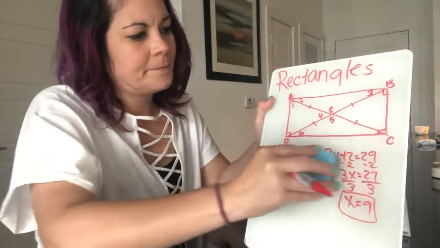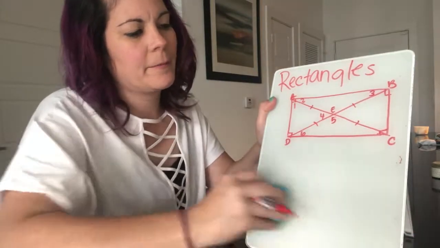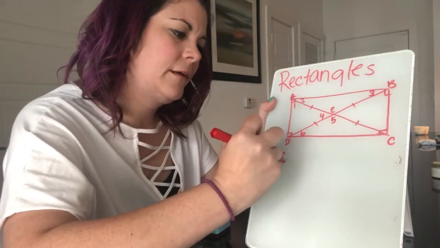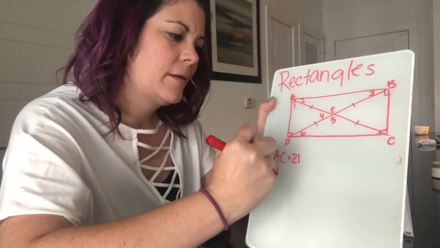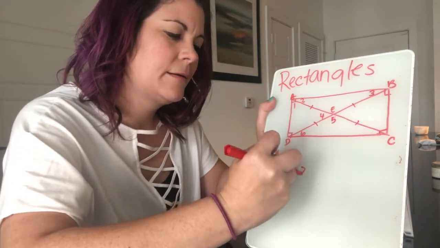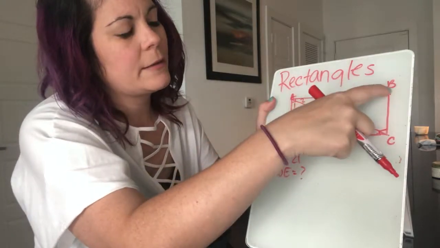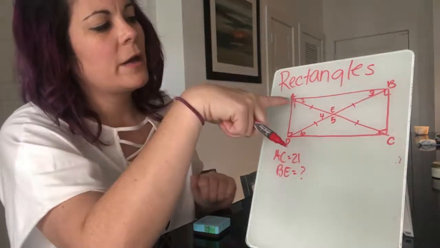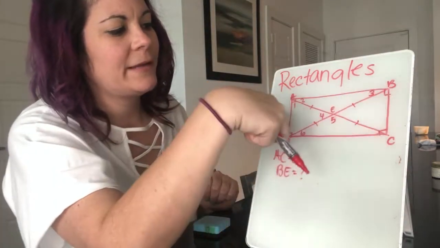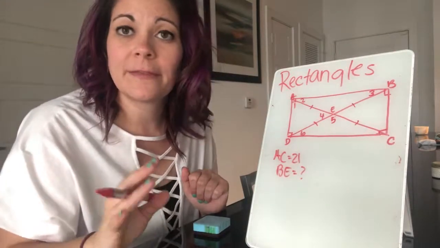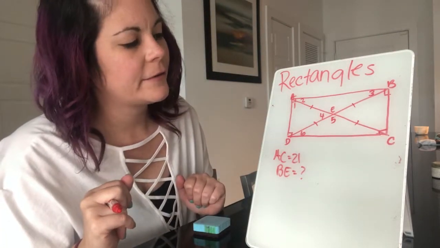Okay, the next one, let's do another problem about this. If AC is 21, what is BE? Well, we know that AC and BD are congruent because of that theorem, because it's a rectangle.